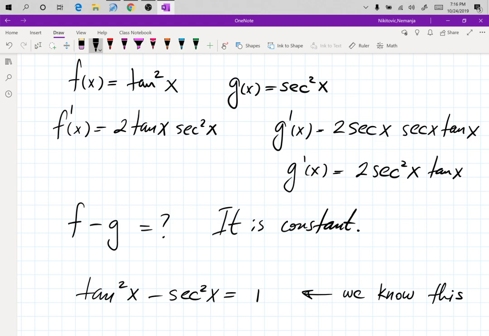So it's a basic trig identity, actually. So we see the two derivatives, and the difference of the two derivatives is 0. A kind of cool problem.